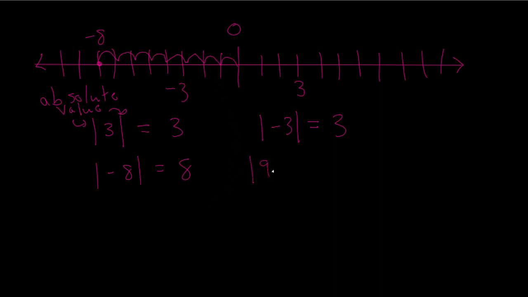And so the absolute value of 9 is 9, because there's 9 hops to get to 9. And the absolute value of -15 is 15. And so the absolute value does the work of dropping off the sign.